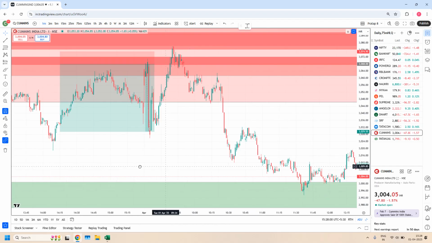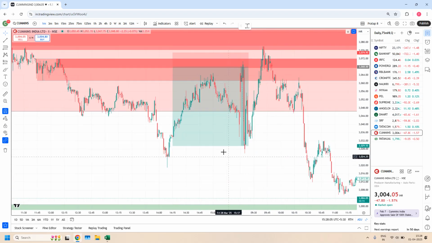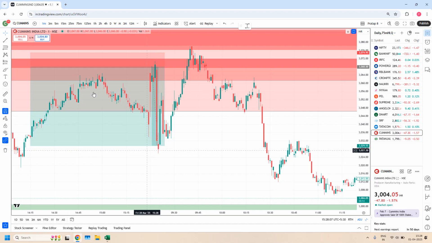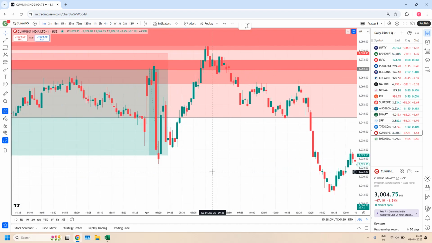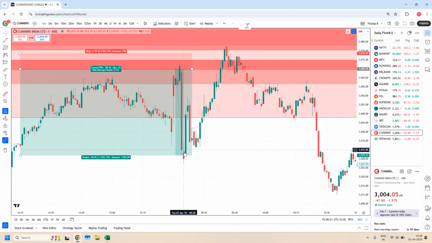But those who are waiting for this 15 minutes target, probably you might have exited when the 1 minute trailing stop loss was hit. Here you see rally base drop, and this one is violated, maybe you would have exited. That way you would have got very less profit. And those who exited at 1:5 RR would have got the maximum profit. And those who exited at 1:3 RR, maybe moderate profit you would have got.